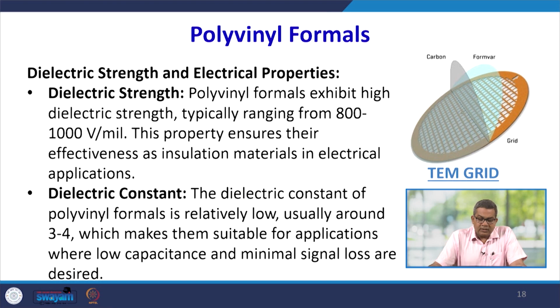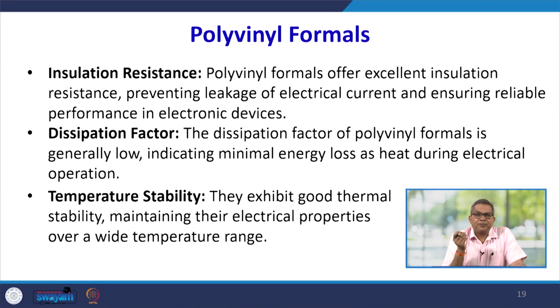Now when dielectric strength and electrical properties are in question, let us talk in detail about this. Polyvinyl formals exhibit high dielectric strength, typically ranging from 800 to 1000 volts per mil, and this property ensures their effectiveness as insulation material in electrical applications. The dielectric constant of polyvinyl formal is relatively low, usually around 3 to 4, which makes them suitable for applications where low capacitance and minimal signal losses are desired.